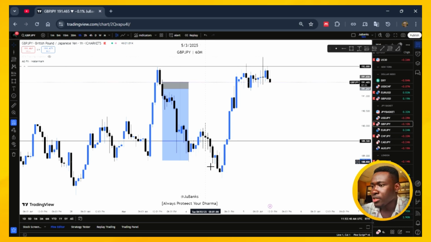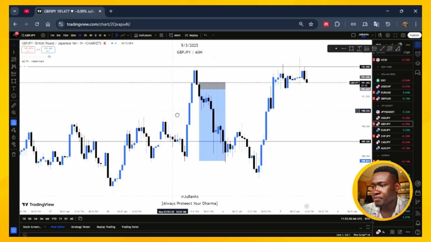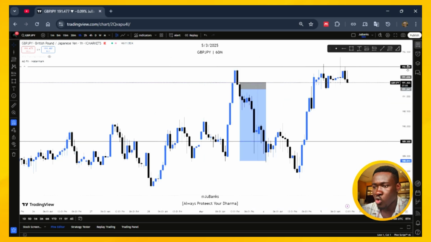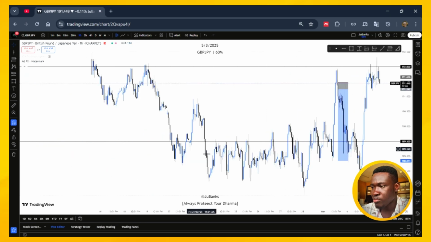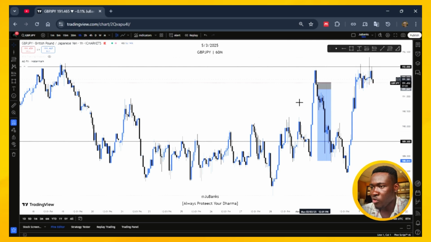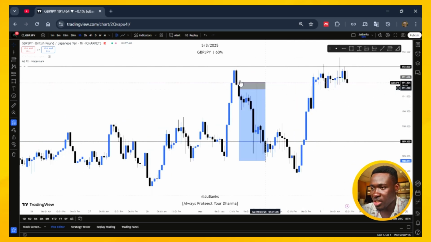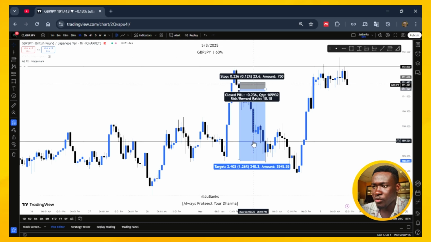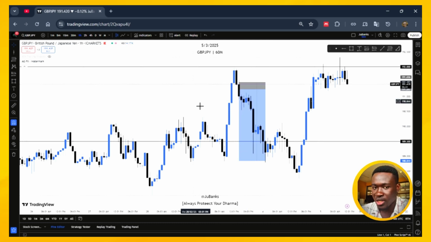So on GBPJPY, this is exactly what I saw. This was the break. As it broke to the upside, it was here, and you could see it also formed tweezer tops. On the index it was tweezer bottoms, but on the JPY pair itself, GBPJPY, it was tweezer tops.